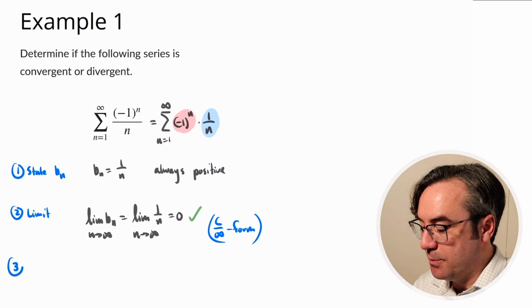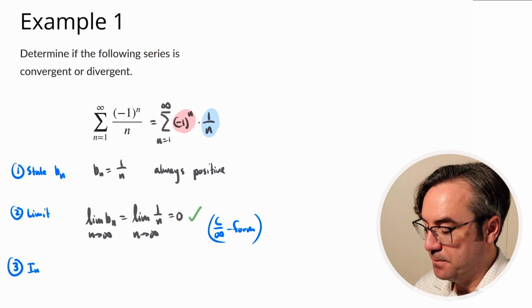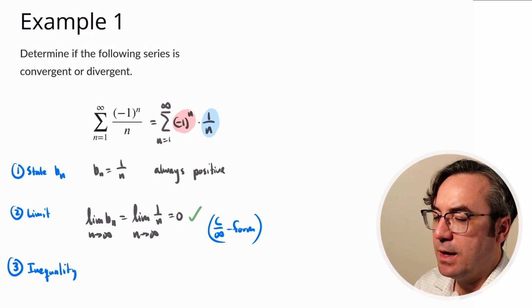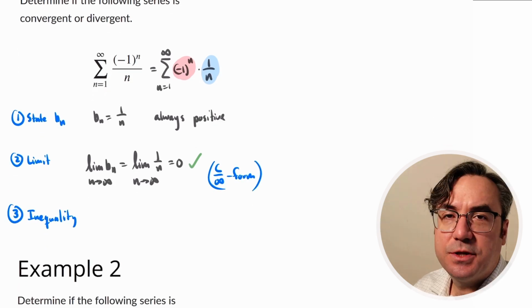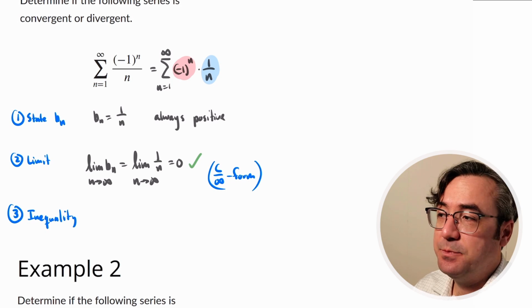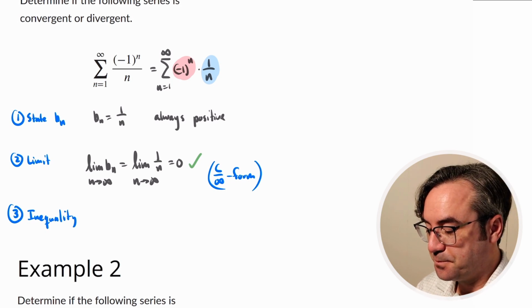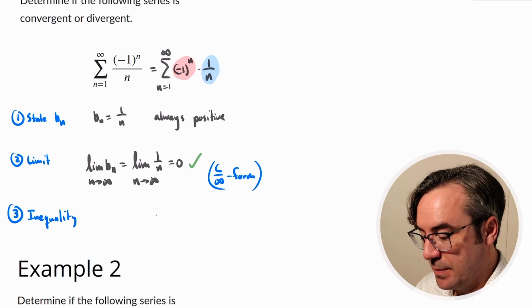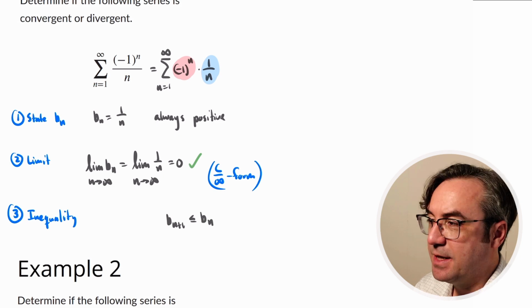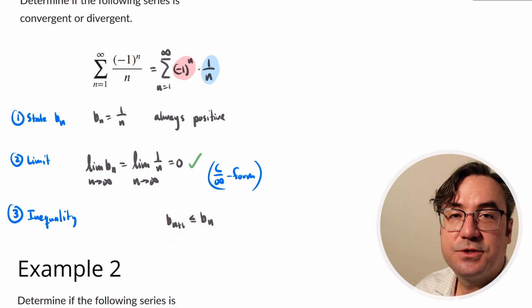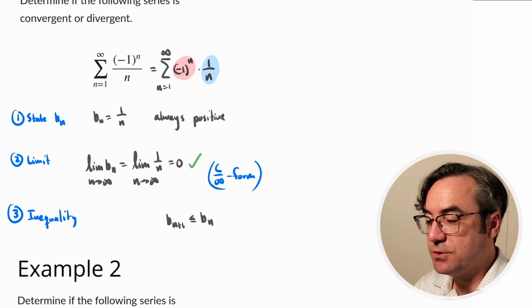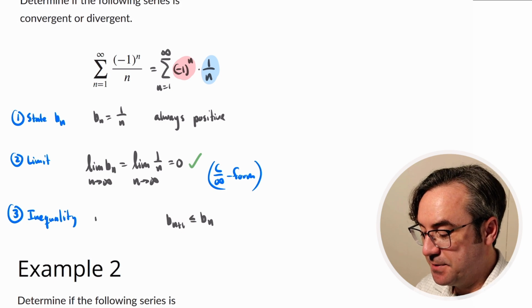Now, we're going to prove the inequality. So for the alternating series test, what's the inequality? Well, we want to prove that Bn plus 1 is less than or equal to Bn. This is what we want to prove. So let's first write in what Bn plus 1 is.